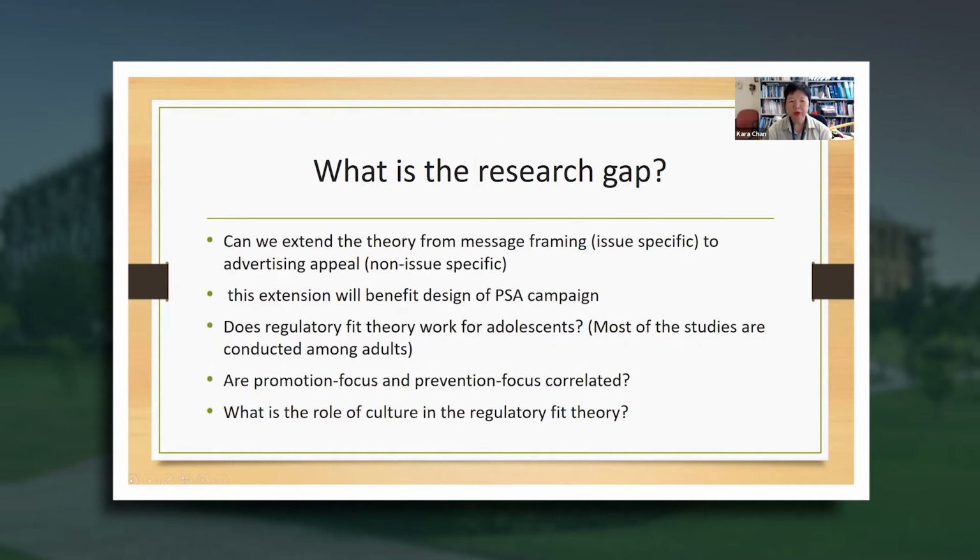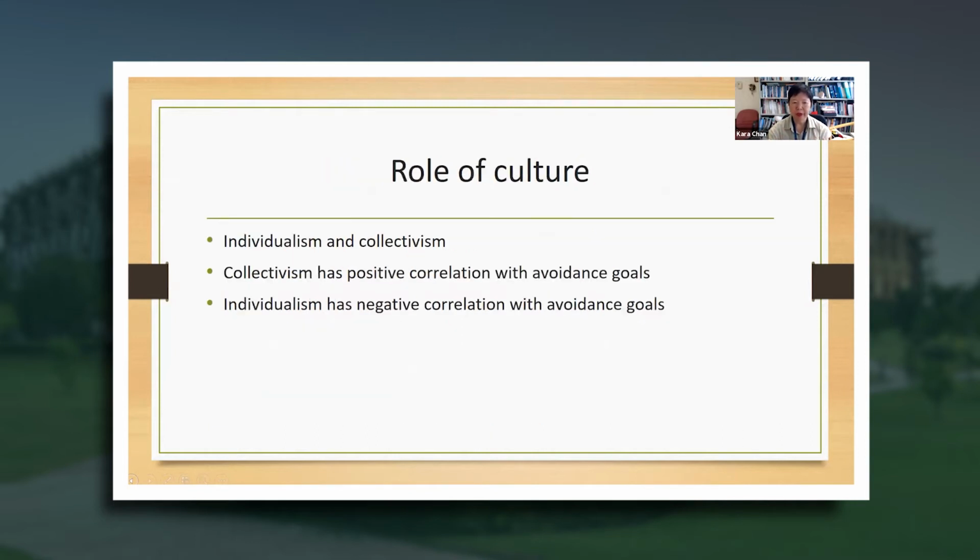Also, most research subjects in regulatory theories are adults. We want to test whether it works for younger adolescents. And another last part is about culture, because our team comes from different cultures. We also want to see the role culture plays in regulatory theories.